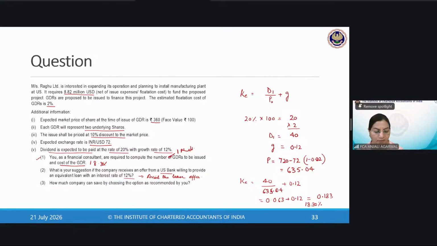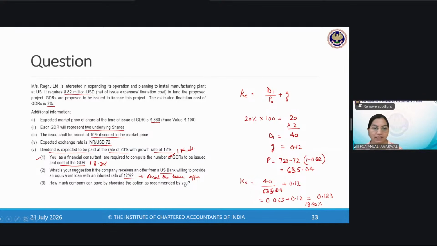Or 8.82 into 0.063 multiplied by. So you will save 5.556 million. So there would be saving.